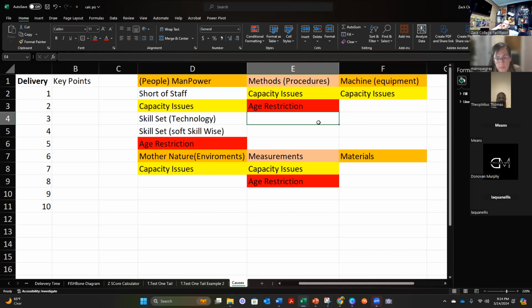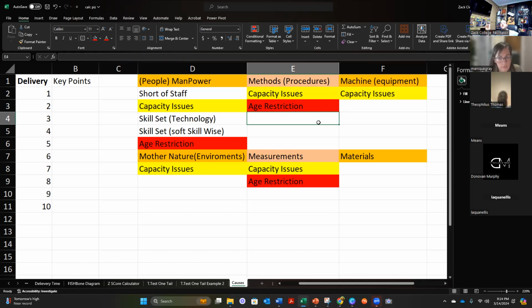And then certain roles may require an age restriction, but if you look at this around the board, when we look at our capacity and our workflow of our environment, we need to look at our policies and what that capacity looks like, right?